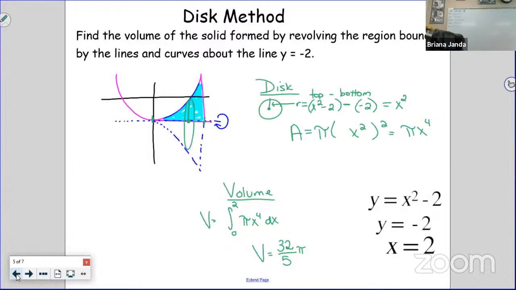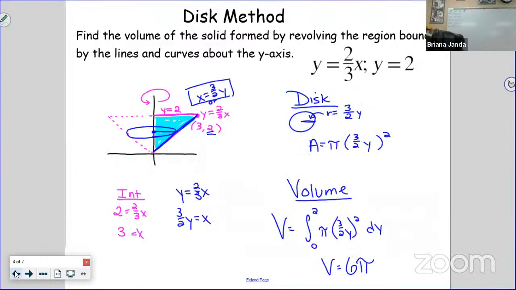All right, before we go to this last one, I do want to translate this discussion we just had into integrating with respect to y, because I don't have an example like that. But when you flip to integrating with respect to y compared to integrating with respect to x, it's the same idea. When we were finding the length of our radius, we were really finding the difference between these, but because this line would have been x equals 0, we didn't talk about subtracting the axis of rotation or the left function. So if you were integrating with respect to y, your radius is your right function minus your left function.